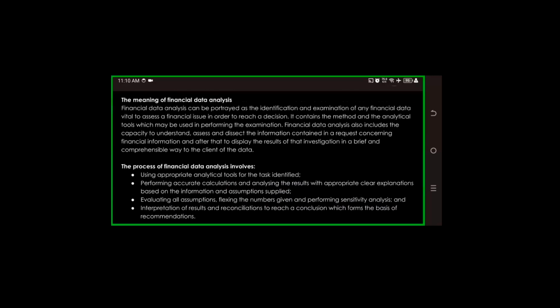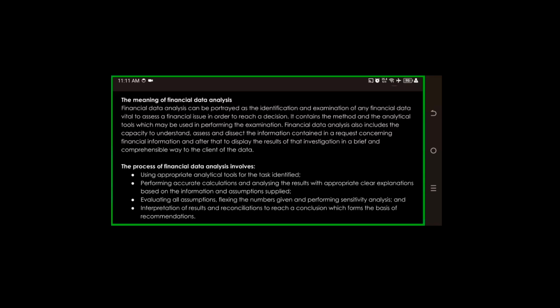Now, most of the time, in a case study exam, your clients, or maybe the business you work for as an employee, might need to make certain financial decisions, and they will need to be sure whether that decision will be profitable or not.